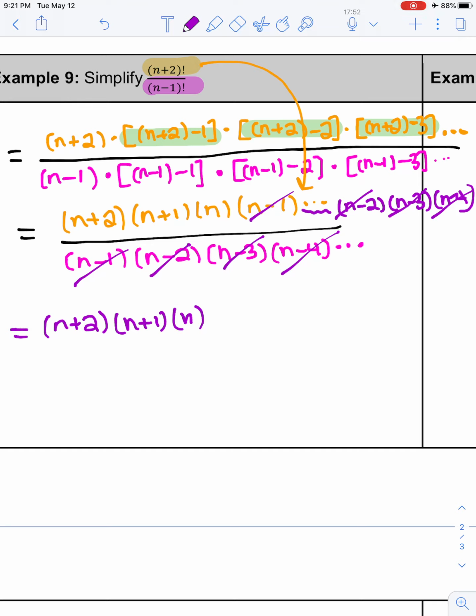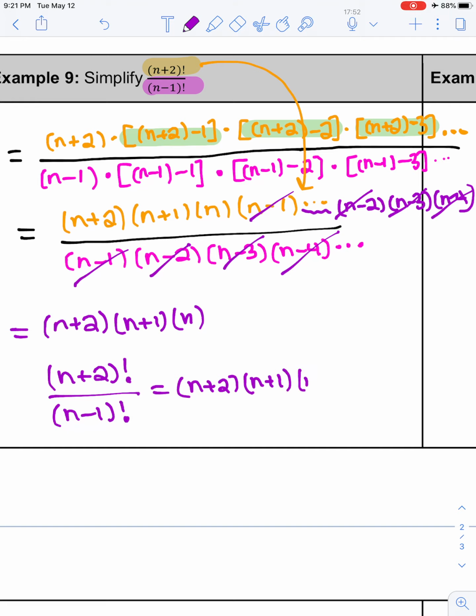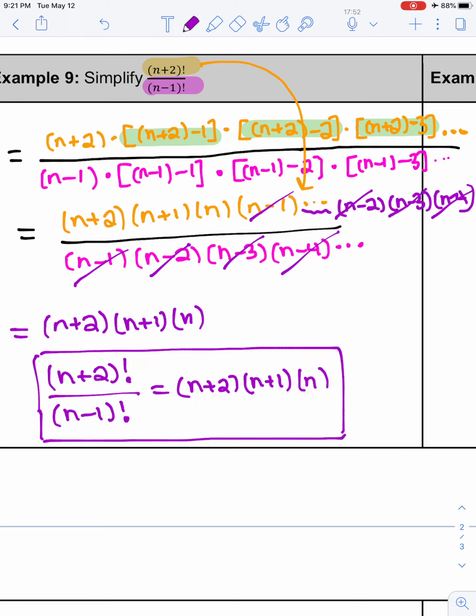Okay, so all this work has told me that the quantity n plus 2 factorial divided by n minus 1 factorial is simply equal to n plus 2 times n plus 1 times n. And like I said, you can go ahead and distribute that out if you'd like to and collect like terms, but for right now, I'm just going to go ahead and leave it in factored form.